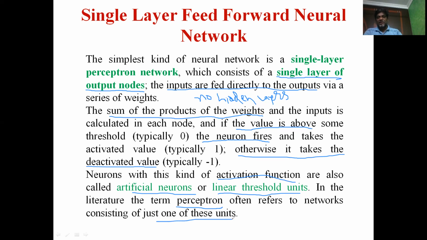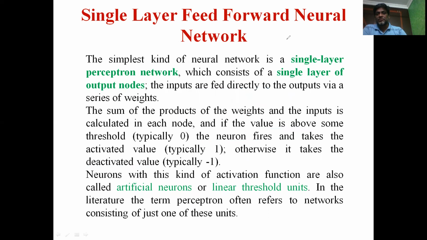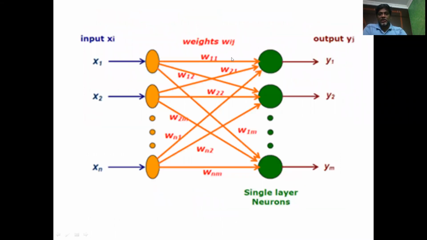That means if it contains only one neuron in the entire network, we can call it a perceptron. We saw these perceptron networks in our third unit, and we discussed the learning rules also. So this is the introduction of the single layer feed forward neural network.